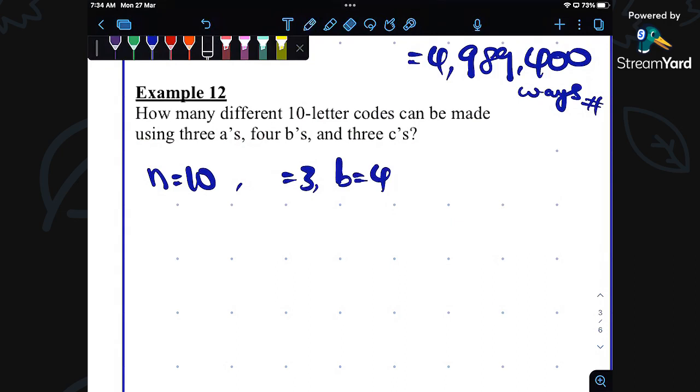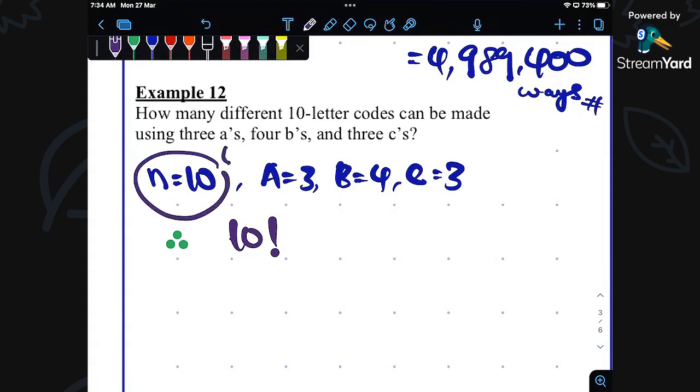Maybe I should use big letters. Letter A has 3, letter B has 4, and letter C has 3 also. And so we know that the answer is very obvious. It is 10 factorial. Remember that 10 factorial is the total factorial.